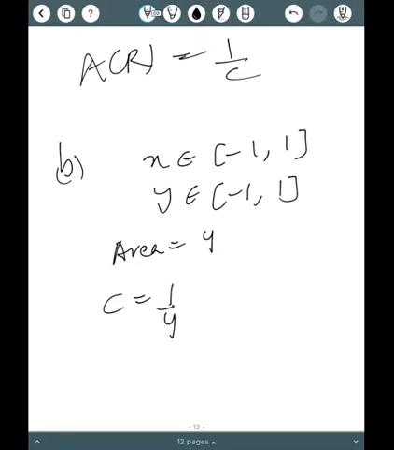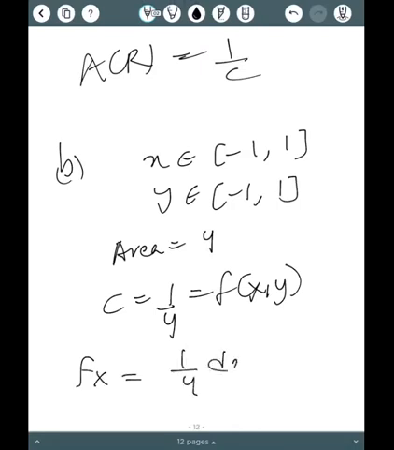Now we have to show that this distribution is independent. We know that this C is basically f(x,y) right now. If we want to get just f_X, we need to integrate with respect to y and sum it over -1 to 1.